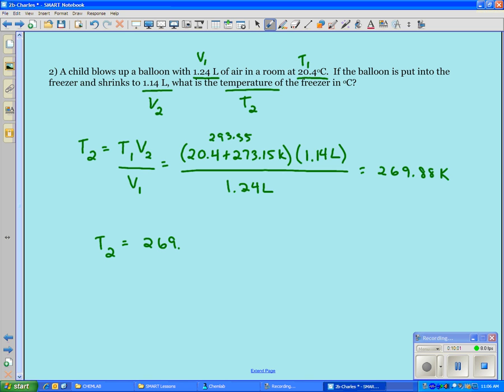So the 269.88 that you still have in your calculator minus 273.15 will give us our answer in degrees Celsius. Negative 3.27, 3 significant digits is what we want for the answer for this question.